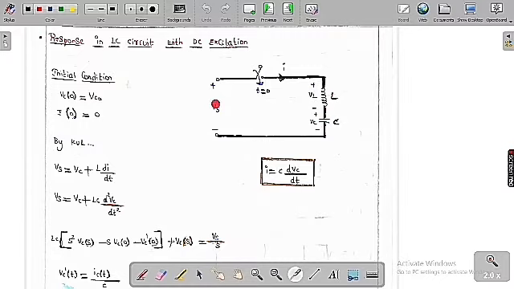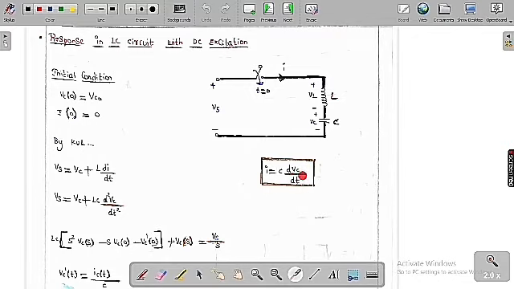By KVL, if I apply KVL in this closed loop at t is equal to 0, I get plus Vs minus VL minus Vc is equal to 0. So Vs is equal to VL plus Vc, but VL is equal to L di by dt. Therefore Vs is equal to Vc plus L di by dt, whereas i is equal to C dVc by dt.